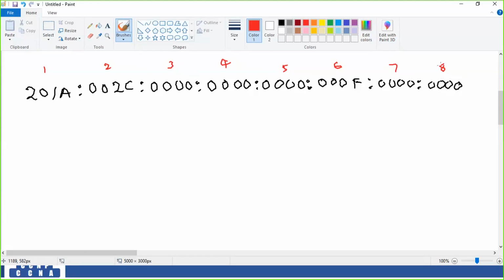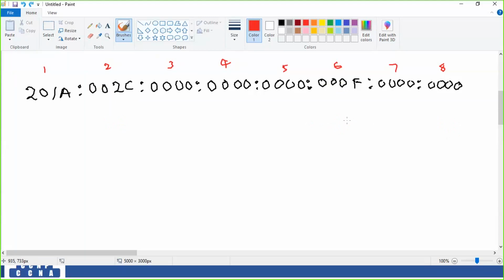In the second field, 002C, the leading zeros can be omitted, so we can simply write 2C. Even in the sixth field, 000F, you can omit all these zeros and simply write F. Even if you write F, your device understands there are zeros before it. Automatically the device can understand. Then why do we need to write those optional bits? Okay, this is rule number 1.